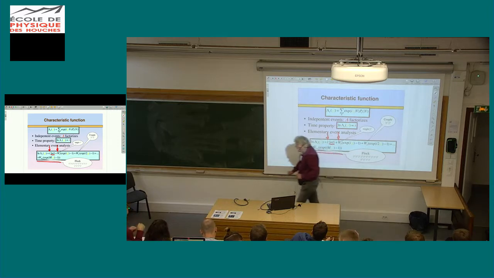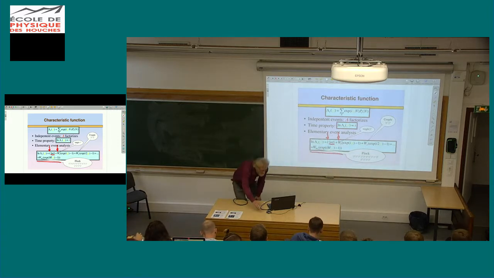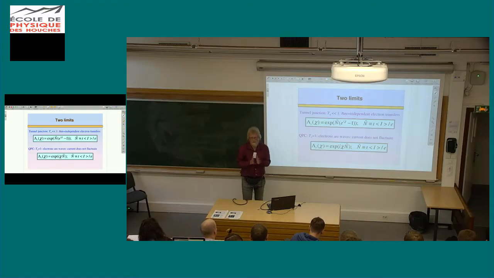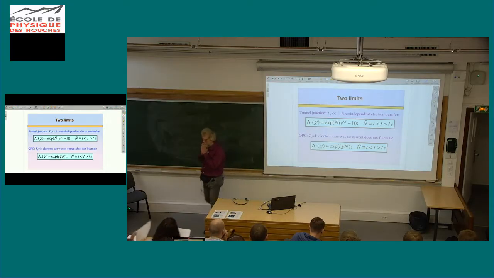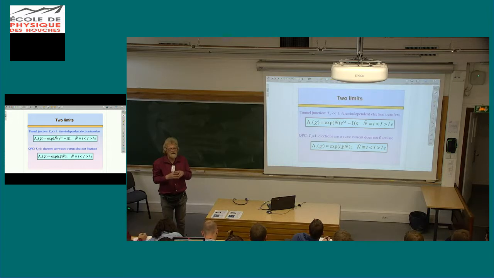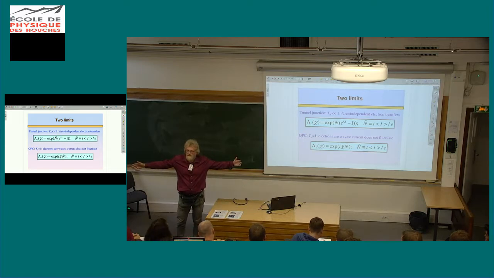Let's go to electrons. Let me give you two simple examples of electron counting statistics, which we can actually digest almost with no formulas. First of all, let me consider the tunnel limit. We've been talking about the tunnel limit. What does it mean? There is a very small probability of electron transfers through nanostructures. It means that only a few electrons pass the nanostructure, and successes of transmission are separated by huge time distances.